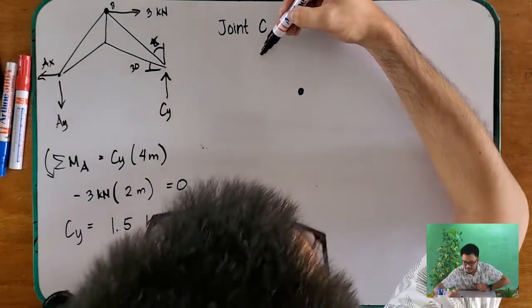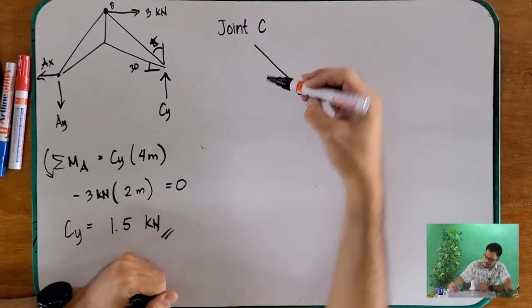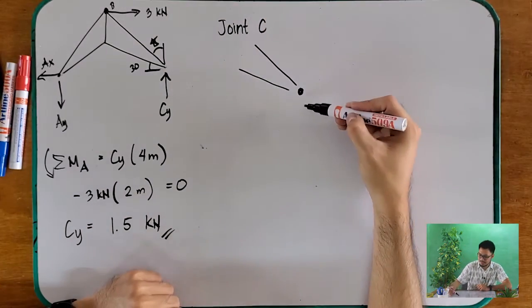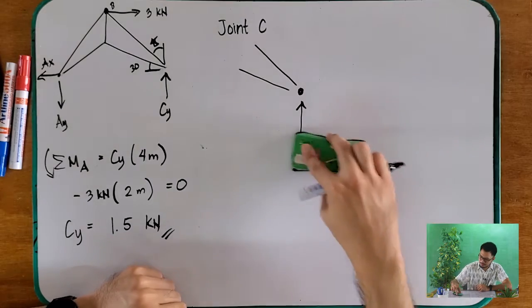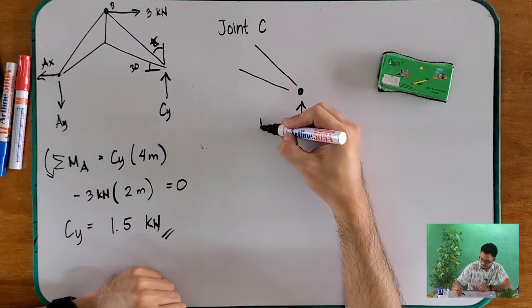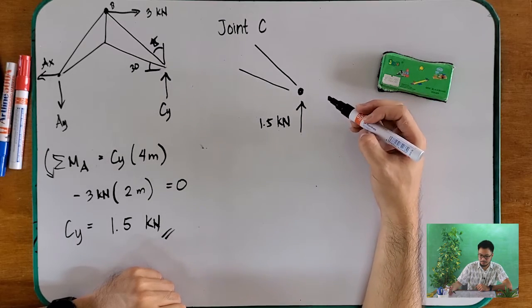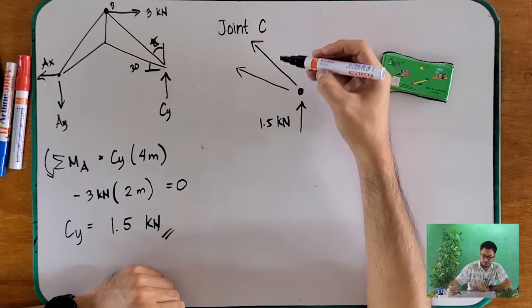This is 45 degrees. This is 30 degrees. And this is going up. That is 1.5 kilonewtons. We still don't know this one, so we assume it to be tension.